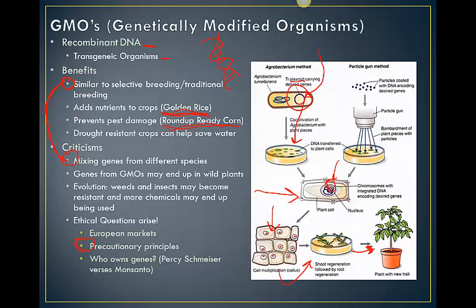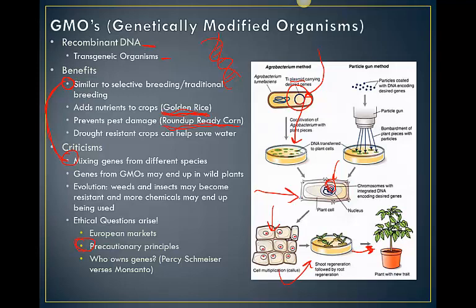Their claim is that we don't really understand the impact of what this is doing to the ecosystems and to our bodies and to other organisms. And until we understand that, we better not keep doing it. But again, this precautionary principle is really something we see more in the European markets. We really have not had any limitation of these GMOs in the United States.